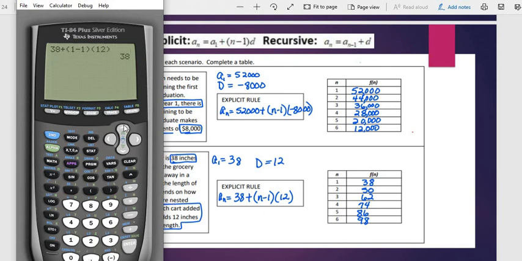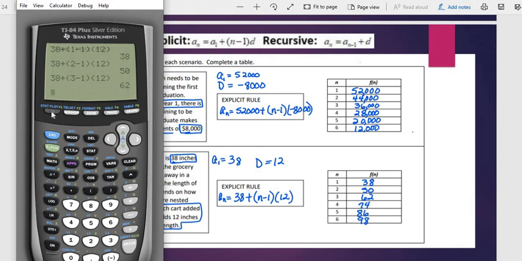I'm going to cursor up here, hit enter again, and I'm going to back this down, and after 2 carts shoved together, it's going to be 50 inches long. And I'm going to keep doing this all the way through until I see how long 6 carts would be. And you see that it's 62 inches.